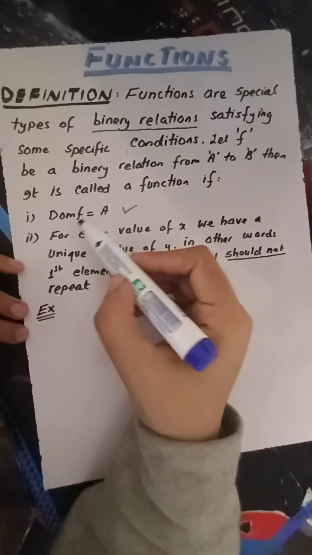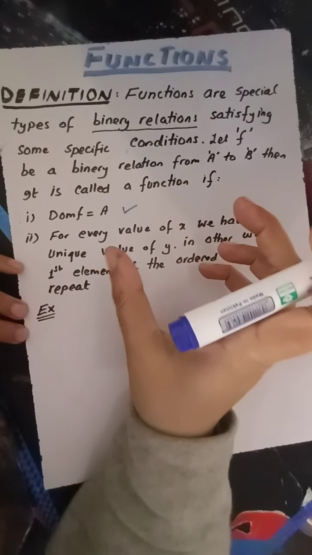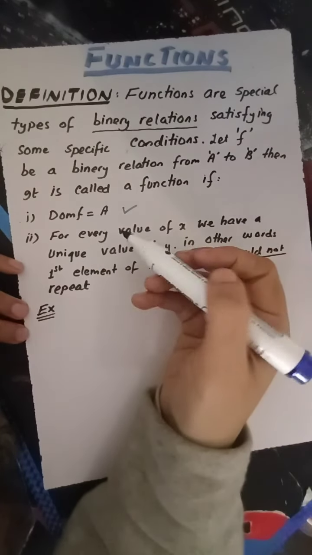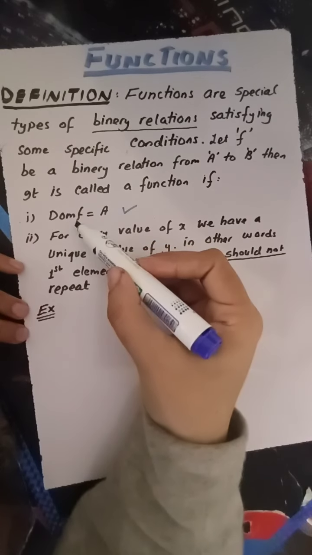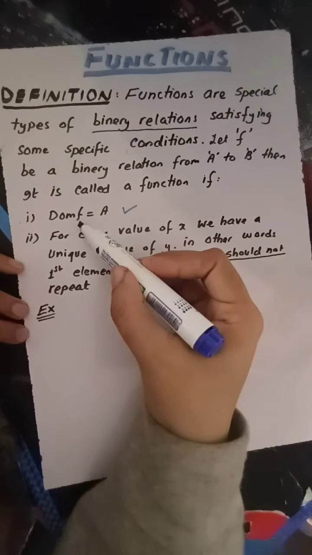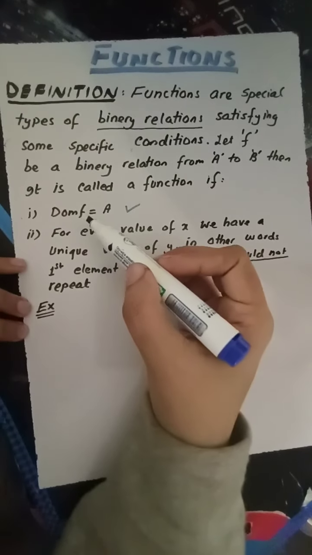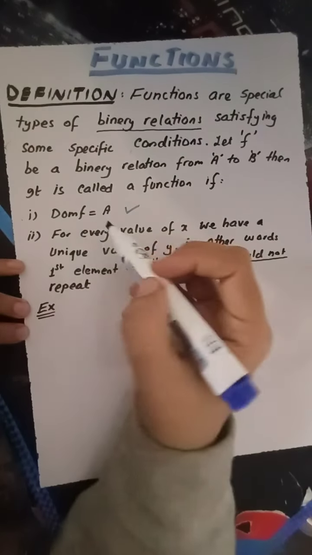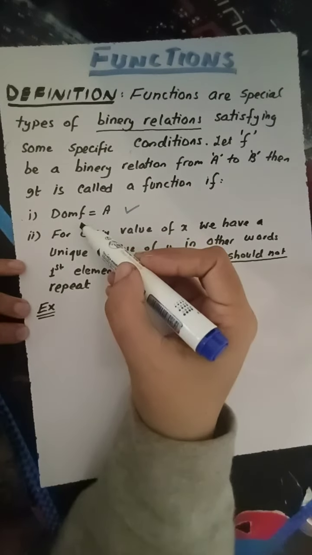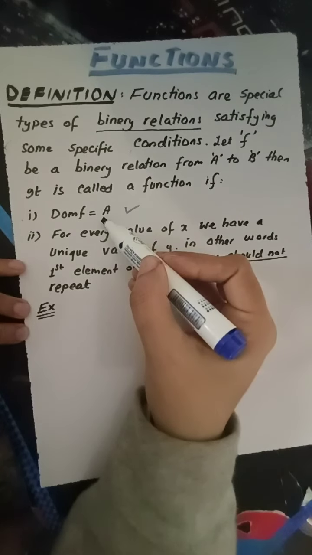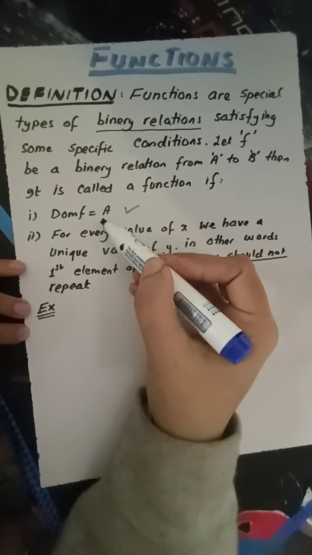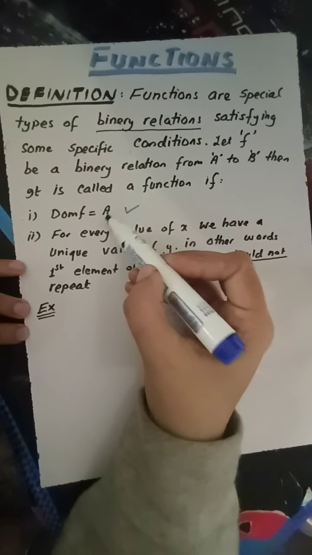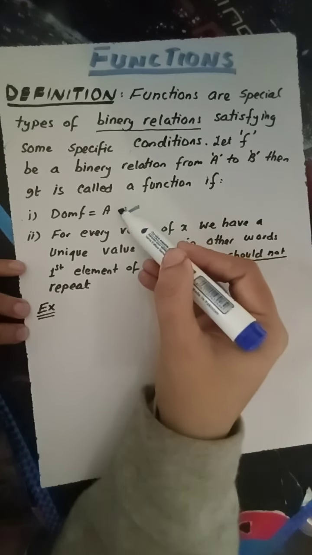So if you are given a binary relation and asked whether it is a function or not, you find the domain of that binary relation and compare it with the set A, because the domain may or may not be equal to set A. If it is equal to set A, this condition is satisfied.